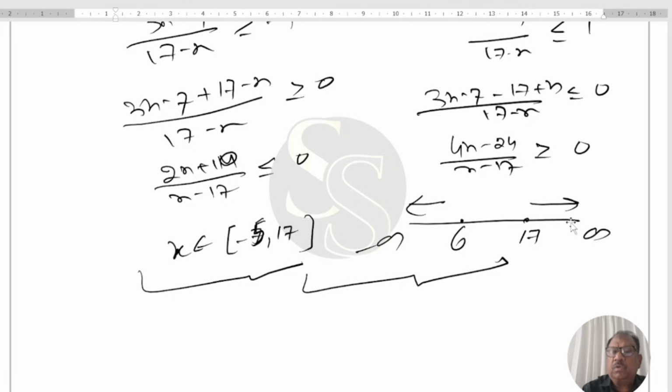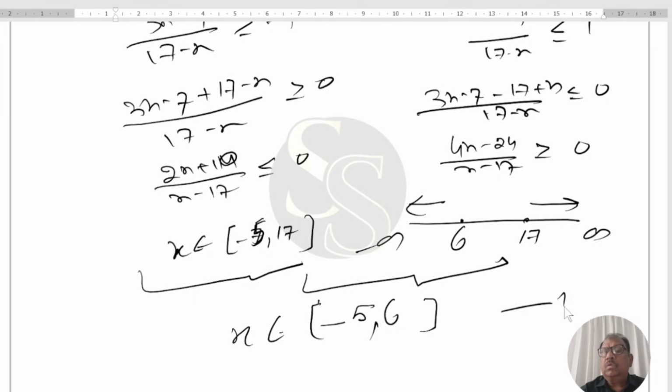Now we will take the intersection of these two to find the domain. The intersection will be minus 5 and 6, so x will belong to minus 5 and 6. This is equation 2.